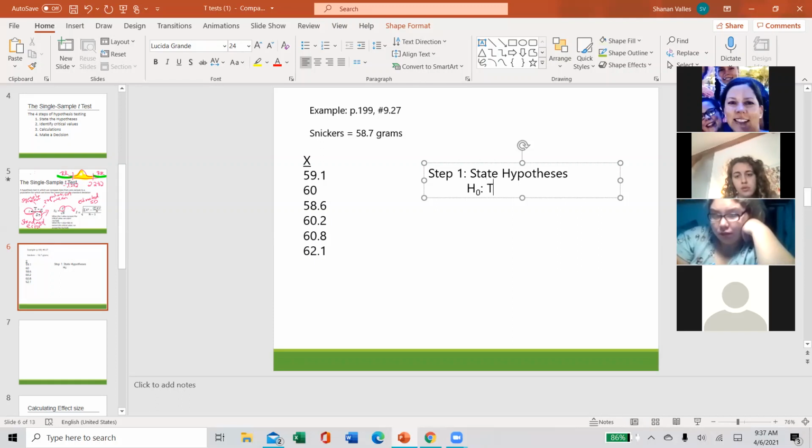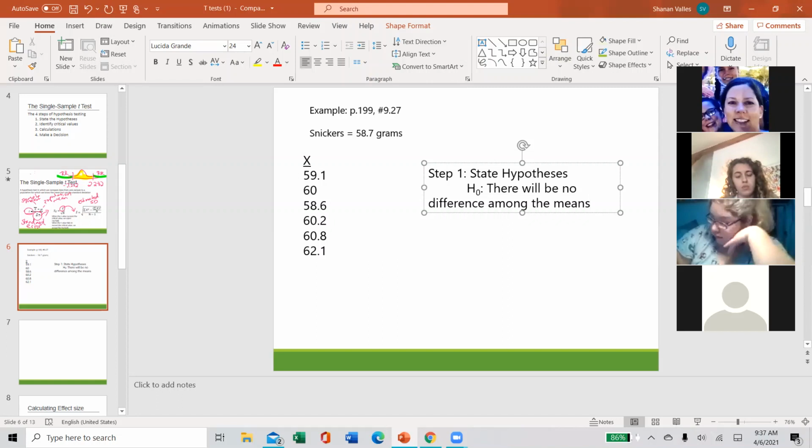So we could say something like this: there will be no difference among the means. This is a very generic, easy way to write the null hypothesis. For me right now, I would be okay if you wrote that, okay?